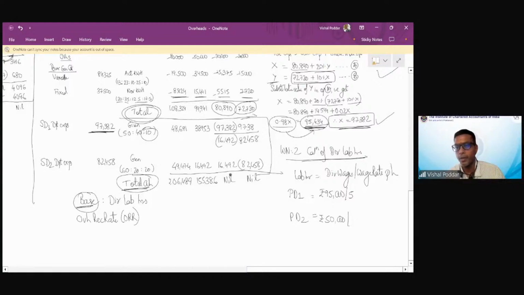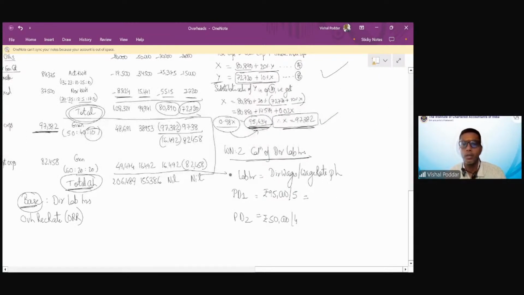So I divided by 5, I divided by 4. So I get the labor hours. I hope you all are getting this. So here my labor hours are 12,500, right? And here my labor hours are 19,000. Please cross verify, students. So now I come back to this table.